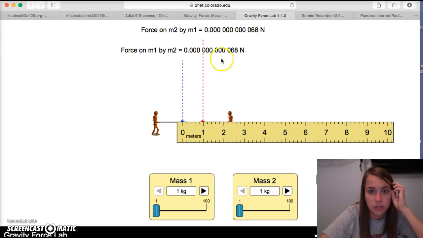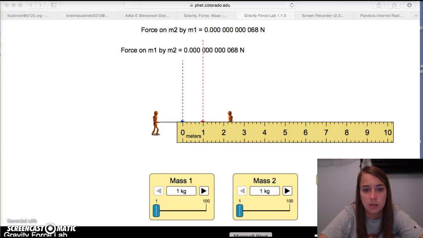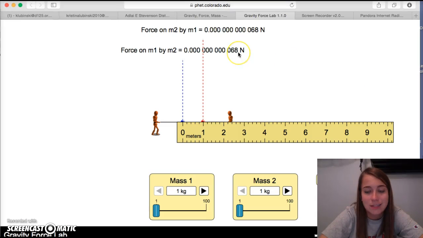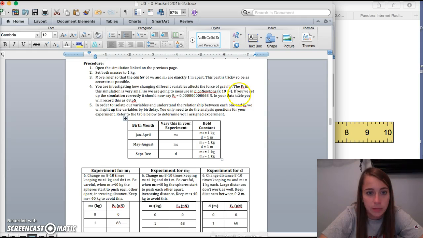That's what I'm looking for to know I'm in the right starting place, and this is all on this worksheet. You're investigating how changing different variables affects that force. The force is really small, so we're going to measure in piconewtons, which is times 10 to the negative 12th. If you've set it up correctly, it should say this, and we're going to call this 68 piconewtons because it's 68 times 10 to the negative 12th. That's going to be your first data point.